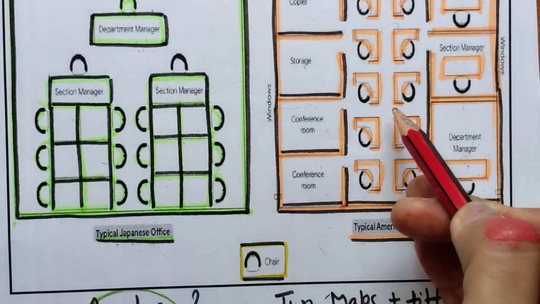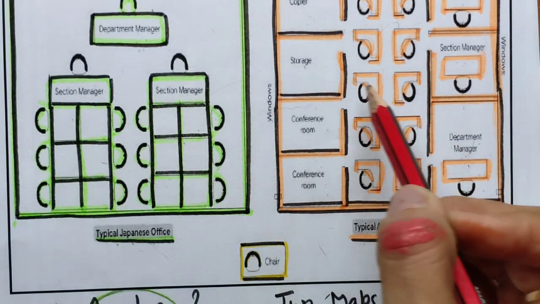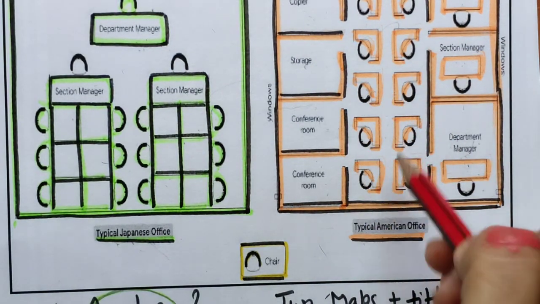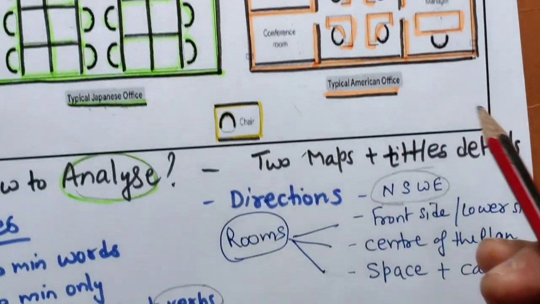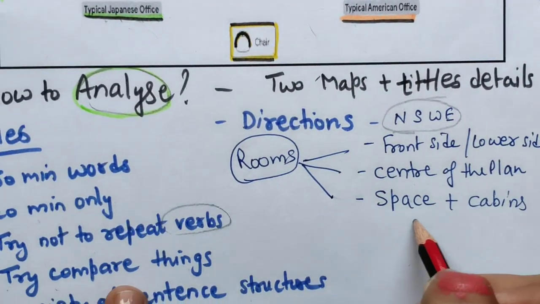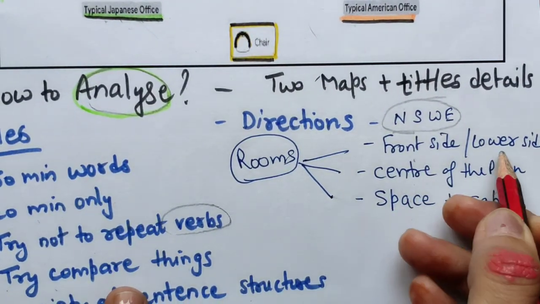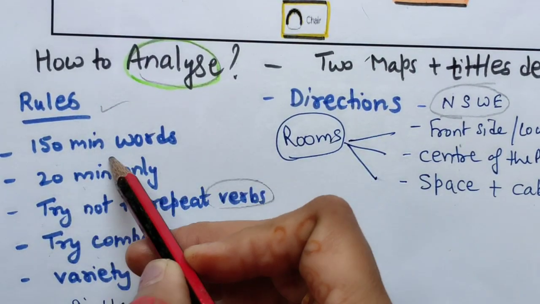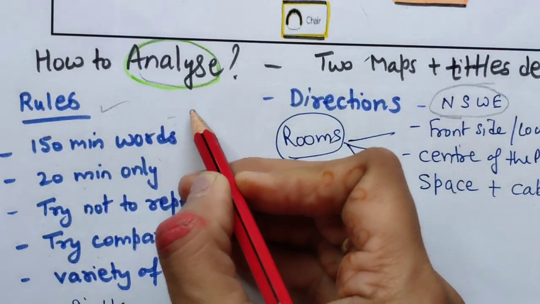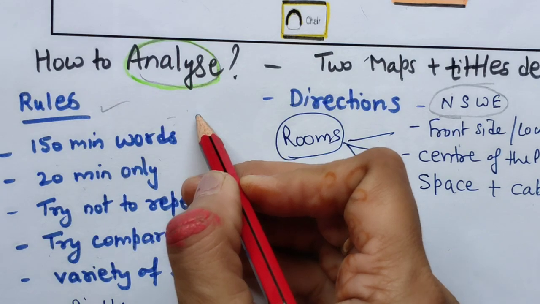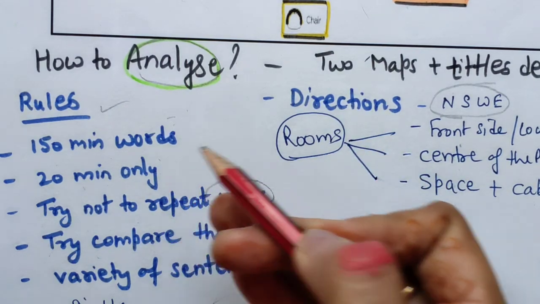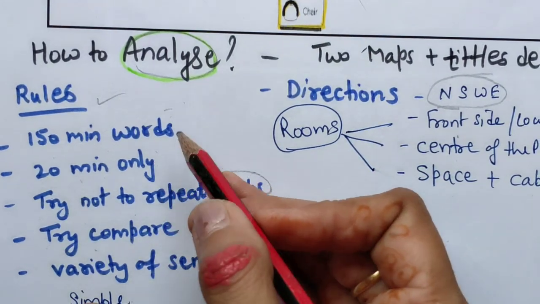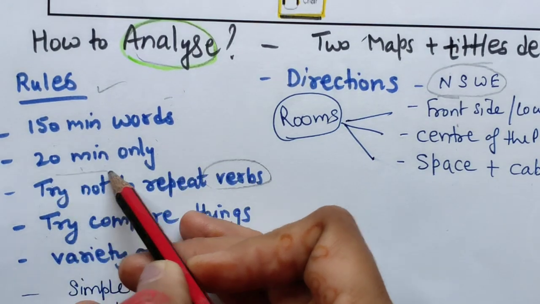We can use directions, I have used them, but the center part, lower part or front part of the office, center of the plan, space, cabins, front side, lower side, you can use these words. And of course some rules: 150 minimum words. If your words come out to 140 or 145, it doesn't matter. If you have written quality words, quality things, then you will get good bands. 20 minutes only you have to spend.